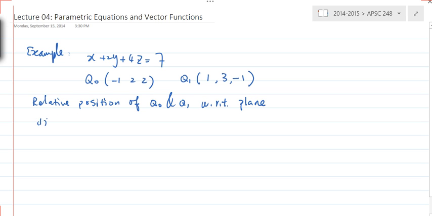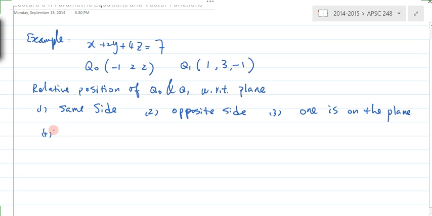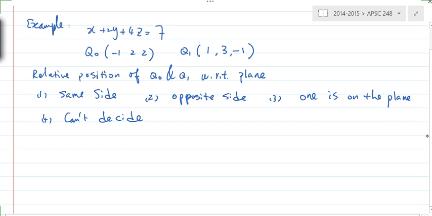Of course, you can imagine if you have a plane and 2 points, then maybe the 2 points are on the same side, or on opposite sides, or maybe one is on the plane, or some other general relationship.